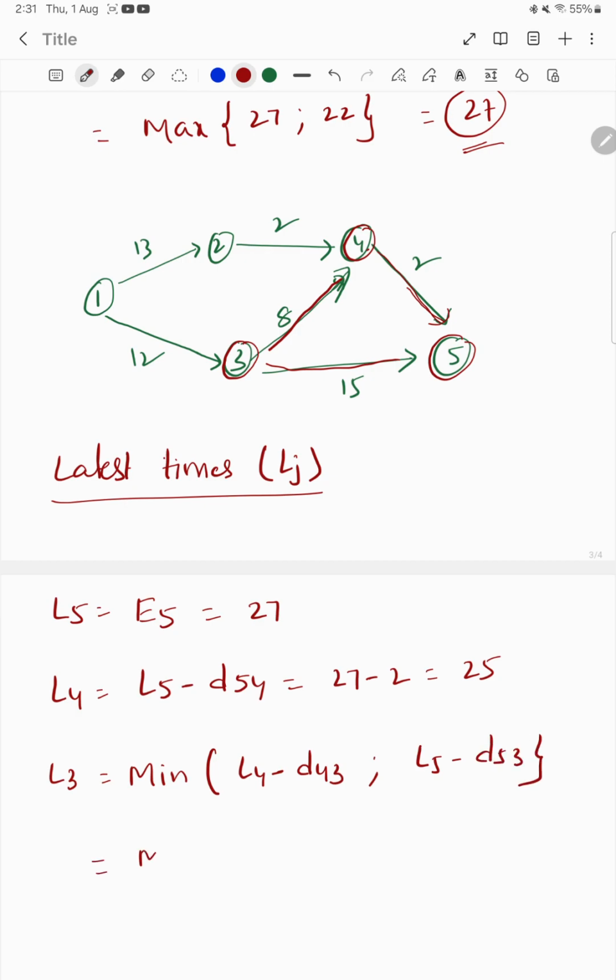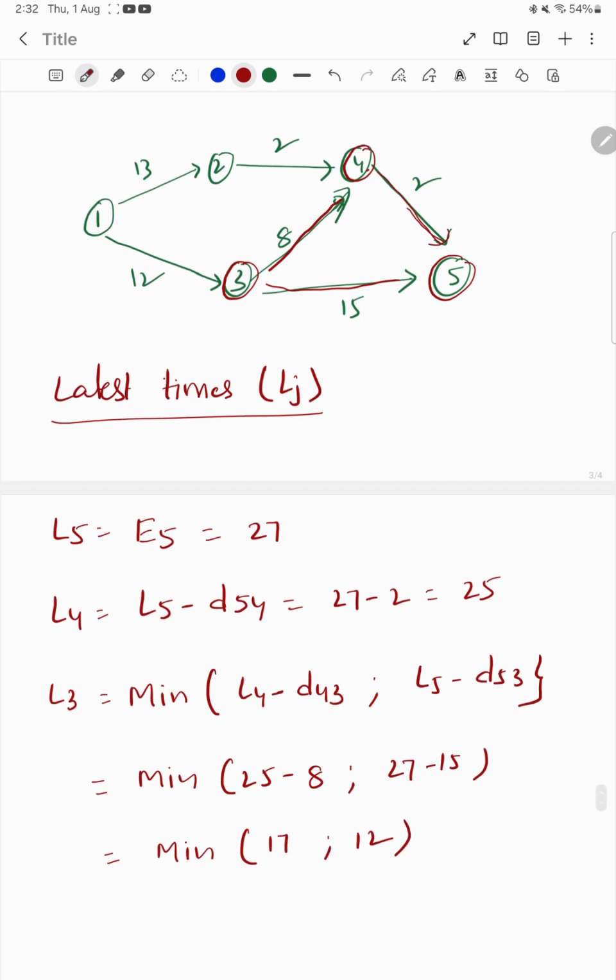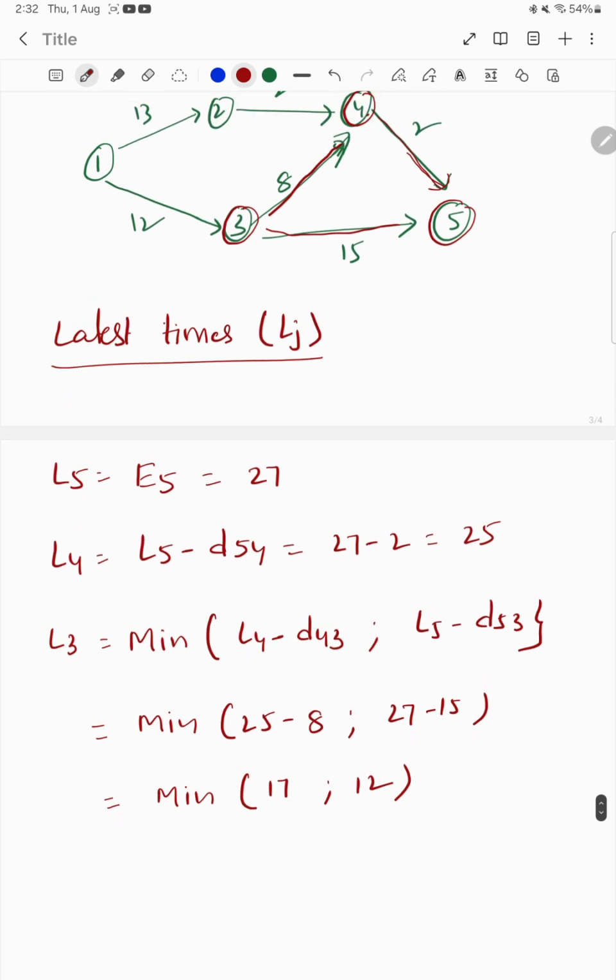L4 is 25 minus 8, which is 17. L5 is 27 minus 15, which is 12. The minimum of 17 and 12 is 12.